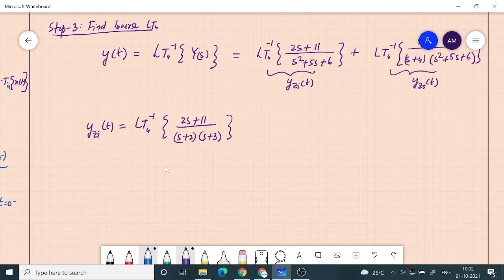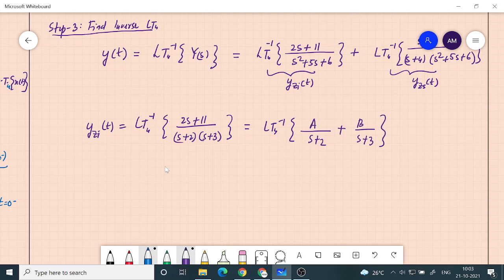Now the way to find it is, you have a term which is not in a standard form, so you need to convert that into a standard form, then only you can take the inverse. That is the approach we have taken. So we have to write this like a by s plus 2 plus b by s plus 3, and we have to find this a and b.